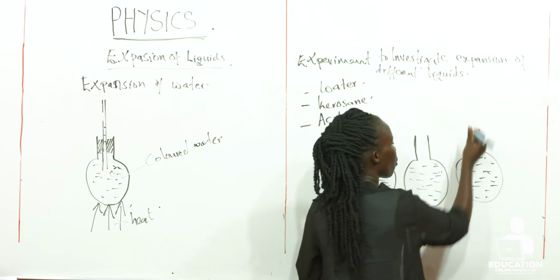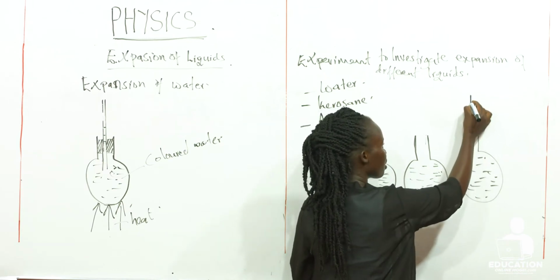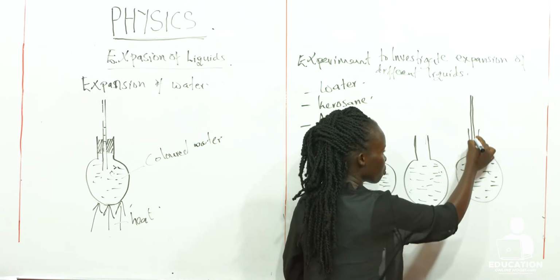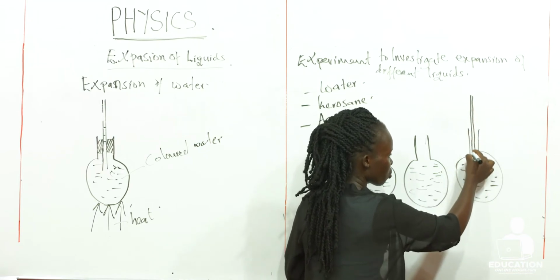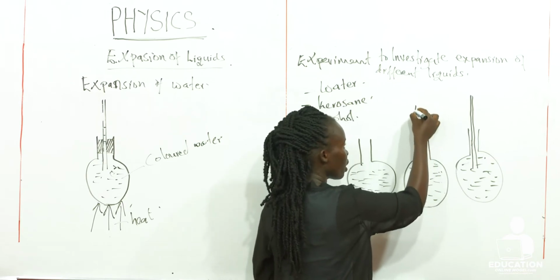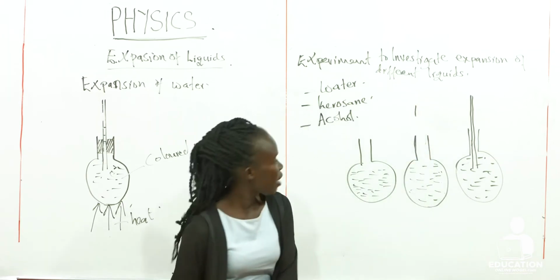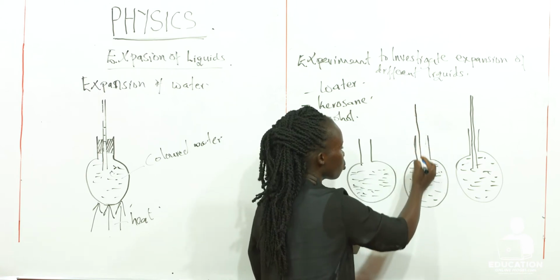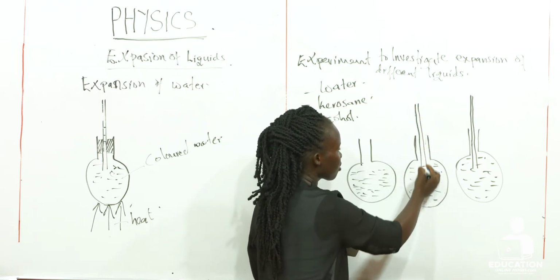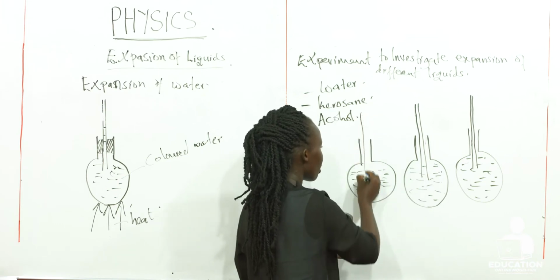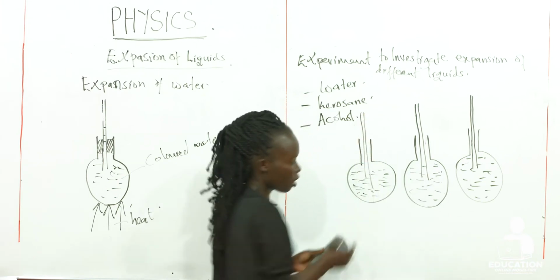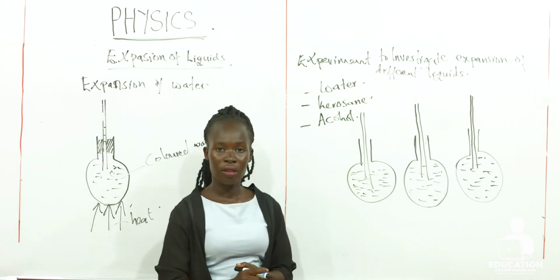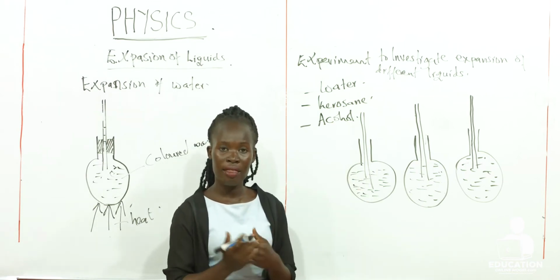We shall also fit them just the same way we did the water. We need to have these tubes, because it is these tubes that are going to help us know at what level the liquid has risen or probably dropped in the flask. So when you have your three like that, keep them at the same temperature. The initial temperature should be the same.